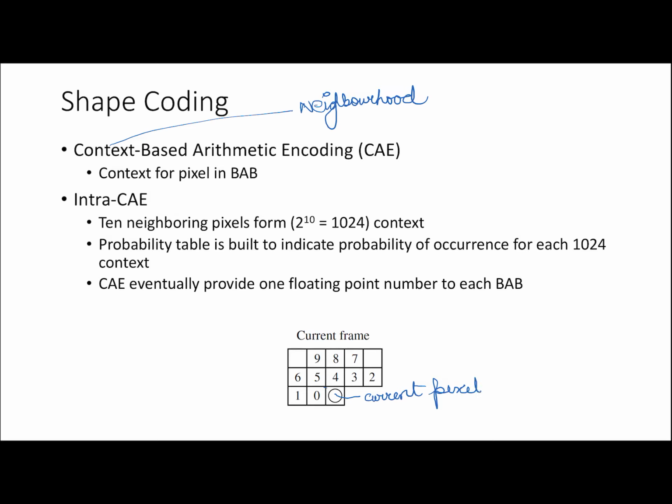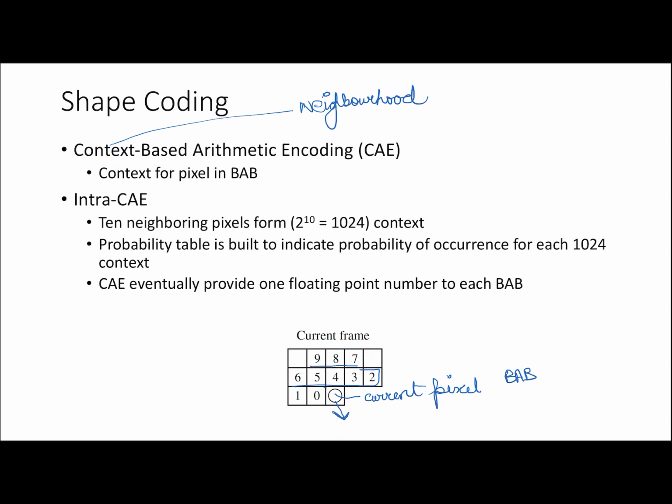So if this is the current pixel, or pixel under consideration, these represent the context for this particular pixel which is present in the boundary BABs, boundary alpha blocks.